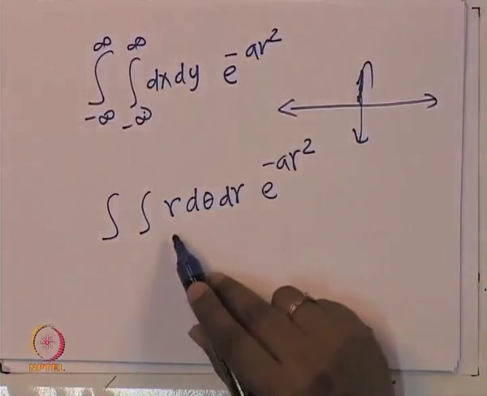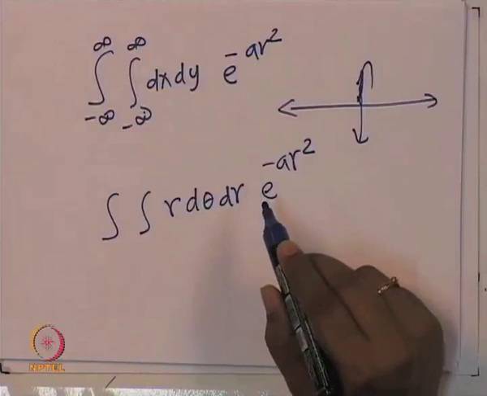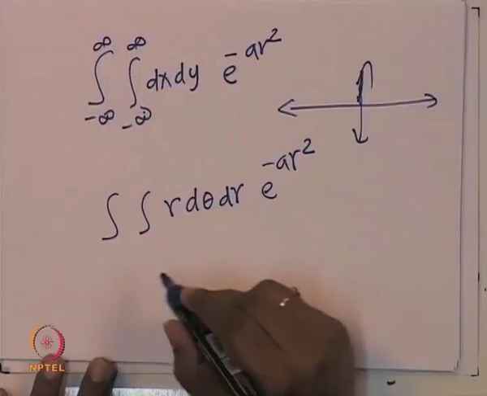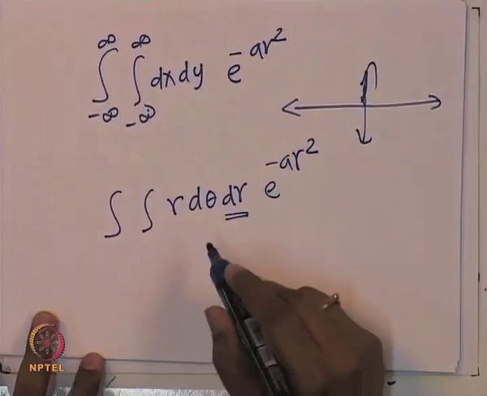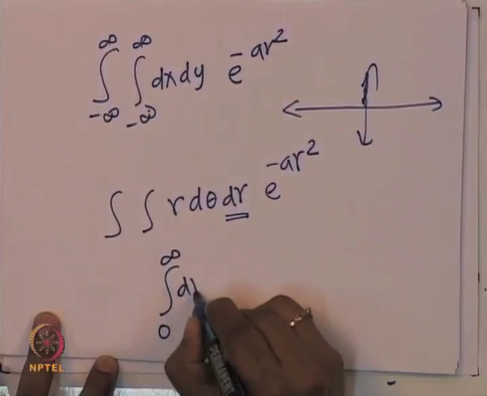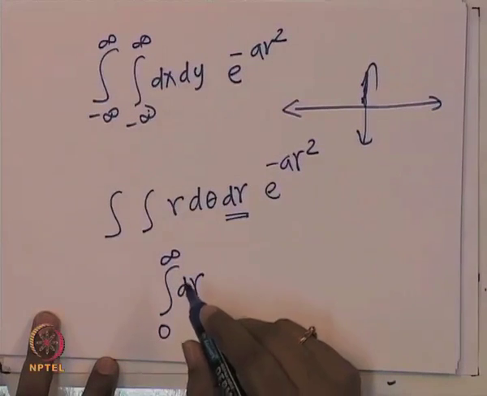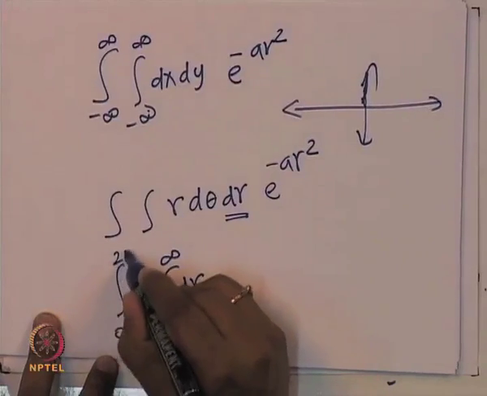Now, in the plane polar coordinates, r is the radius and you cannot have a negative radius. So, the r integral will go only from 0 to infinity, so you have 0 to infinity dr, and theta is the angle, which will go from 0 to 2 pi.